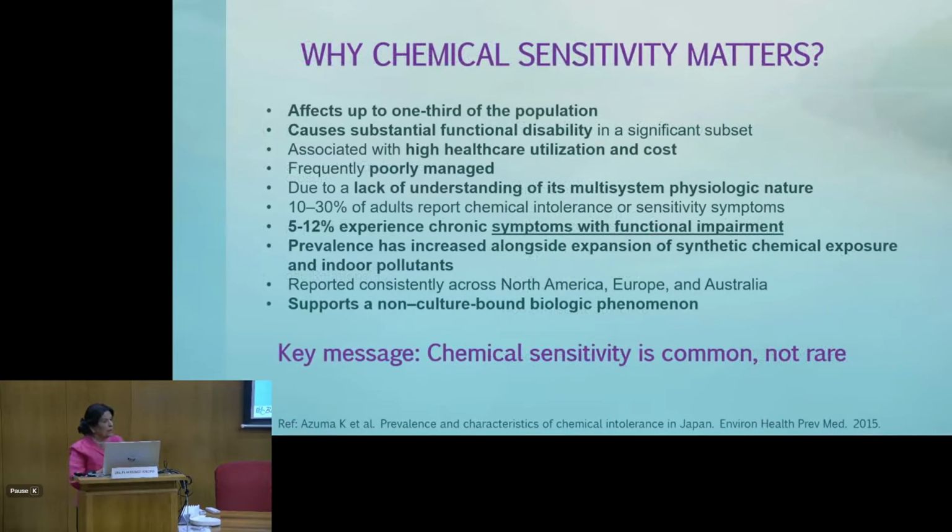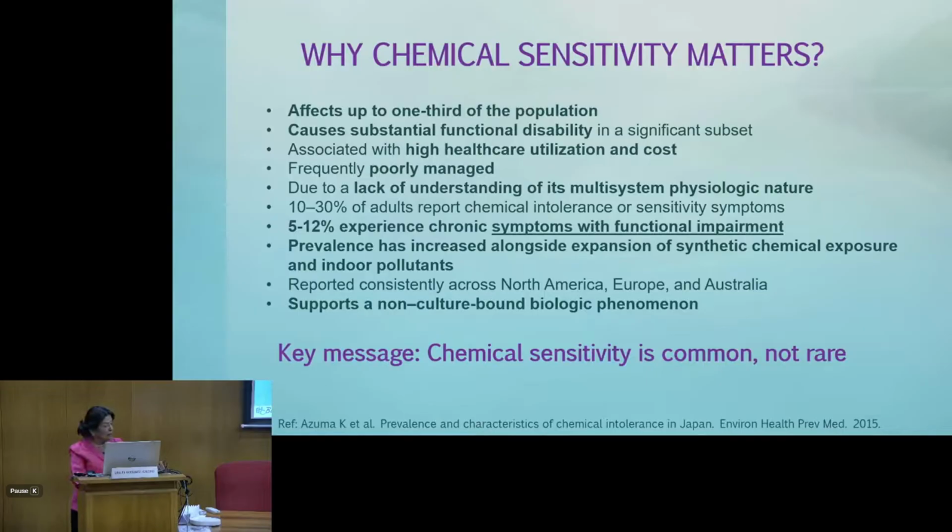Now, we know that there's an increasing prevalence of chemical sensitivity in the population. It affects one third of the population and causes functional disability. There is a lack of understanding of the multiple-system physiologic nature of the involvement.